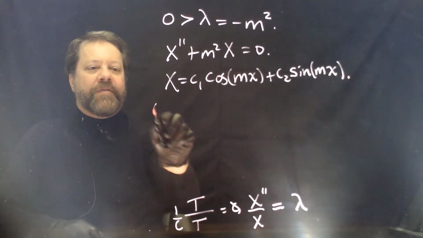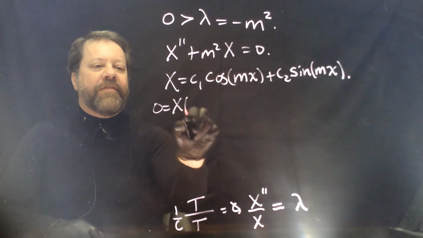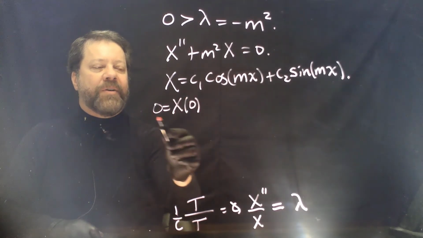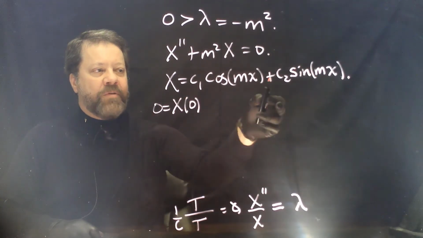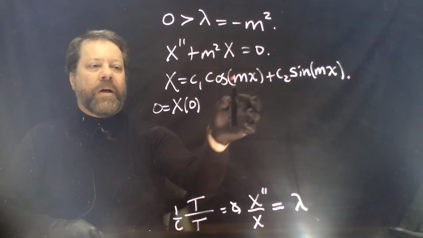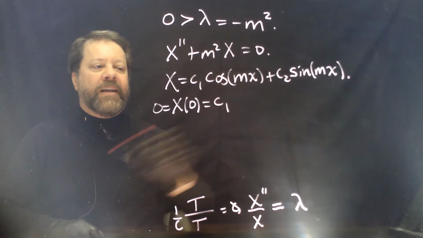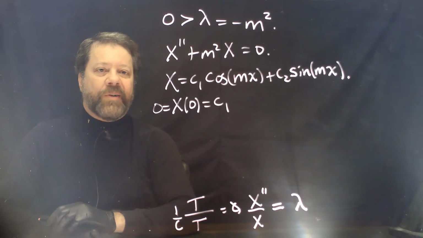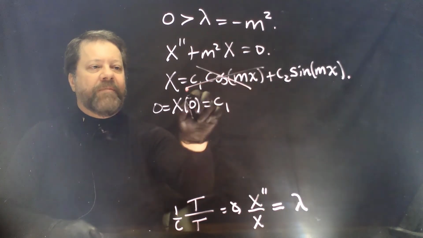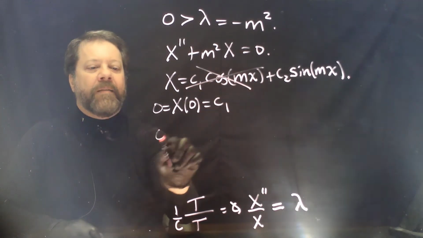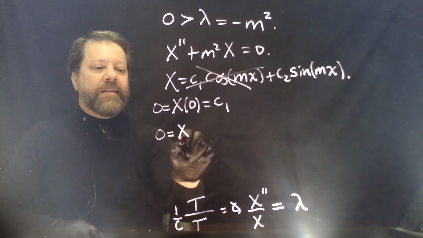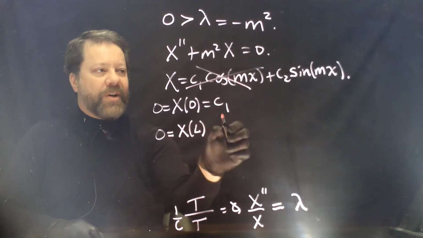To satisfy the first initial condition, x evaluated at 0 has to be 0. That drops this term, cosine of 0 is 1. We get c1 must be 0. This term has to go away. The other possibility is x at L must also be 0.